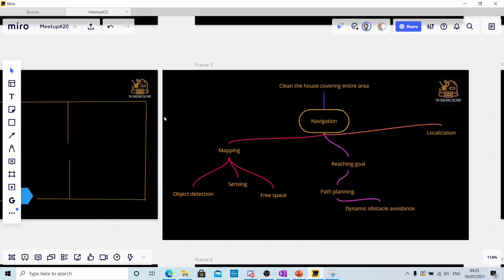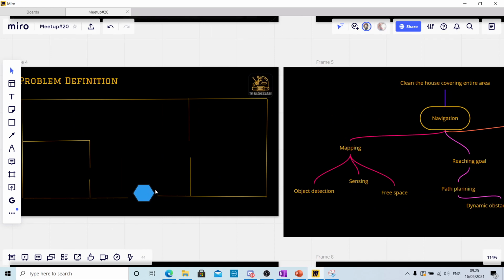So, coming back to navigation as a whole, if there's a human now, we know that it needs to find a way to figure out the map of the surroundings, and for that it needs to have object detection, so walls, and maybe there are tables, chairs, and all these things.